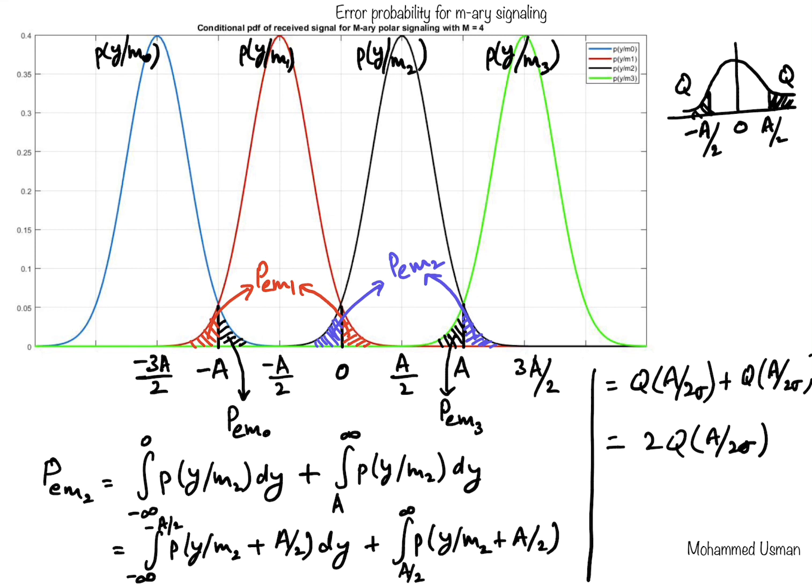So these are the error probabilities corresponding to each of the symbols. Now we want to find the average error probability, because the transmitted symbols would be a combination of M0, M1, M2 and M3.